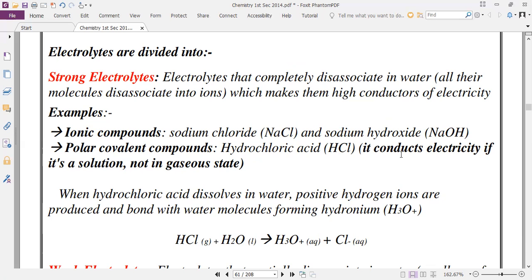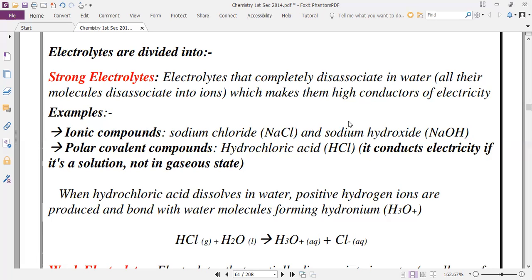Hydrochloric acid conducts electricity as a solution, not in the gas state, because it can exist in two physical states: liquid, called hydrochloric acid, and gas, hydrogen chloride gas. So now we talk about HCl in the liquid state.